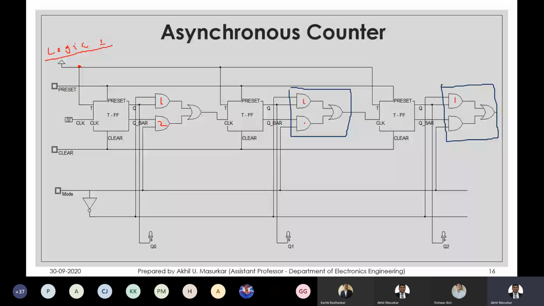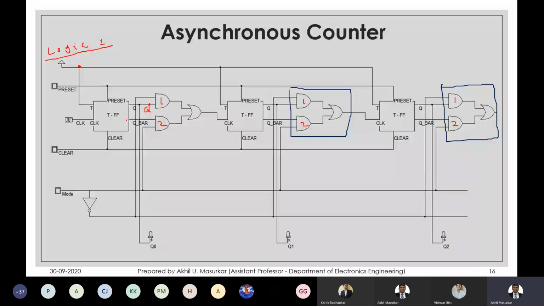If you look at all the AND gates on which I have written 1, one input of the AND gate is Q. For the second AND gate, the AND gate 2, one of the inputs is Q bar.